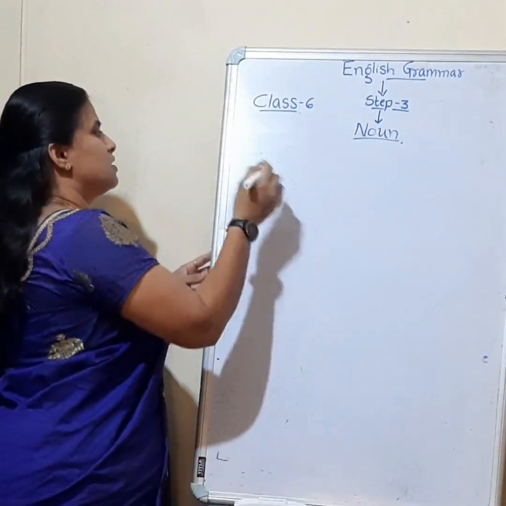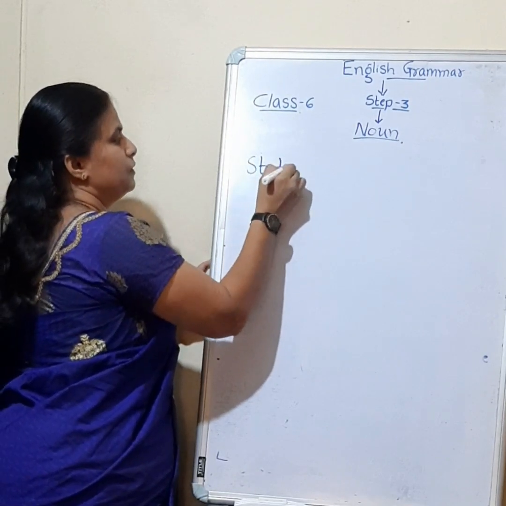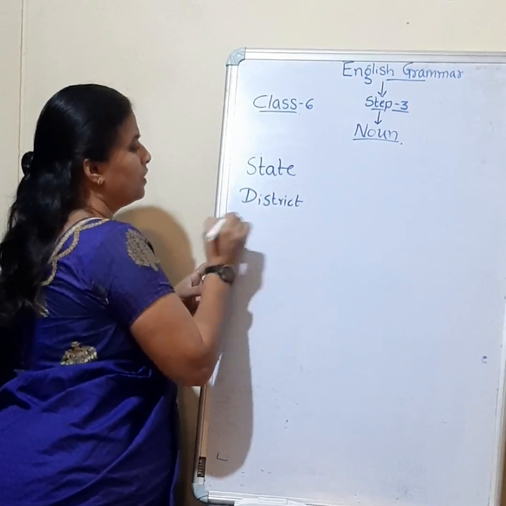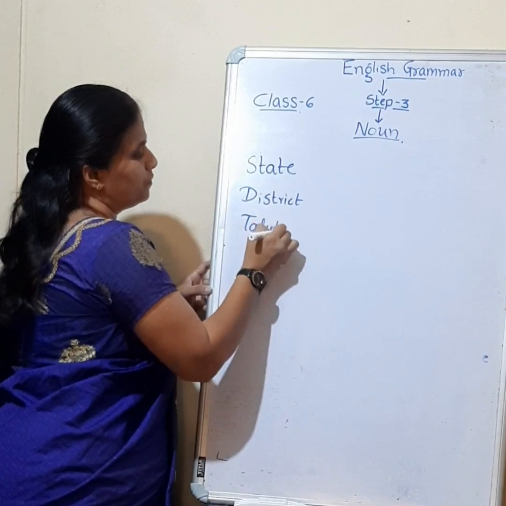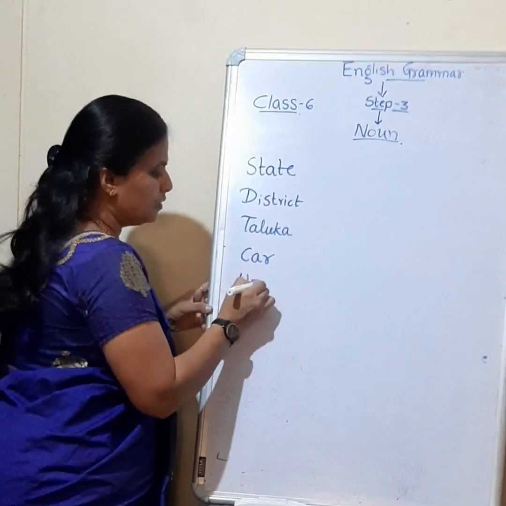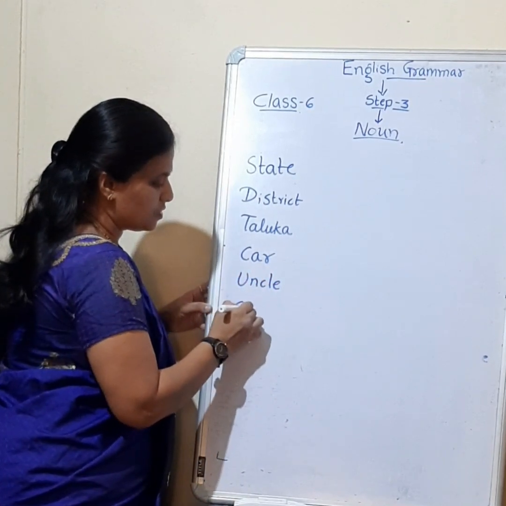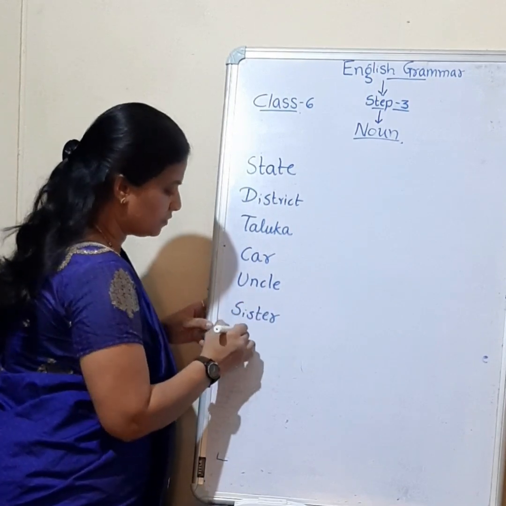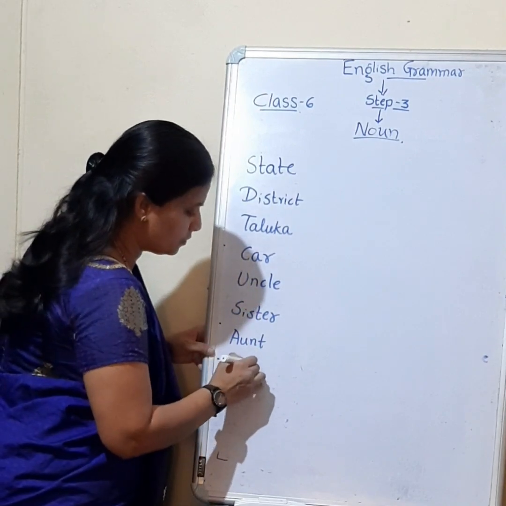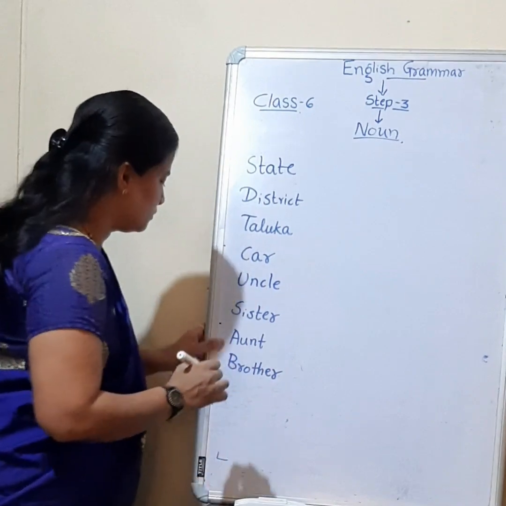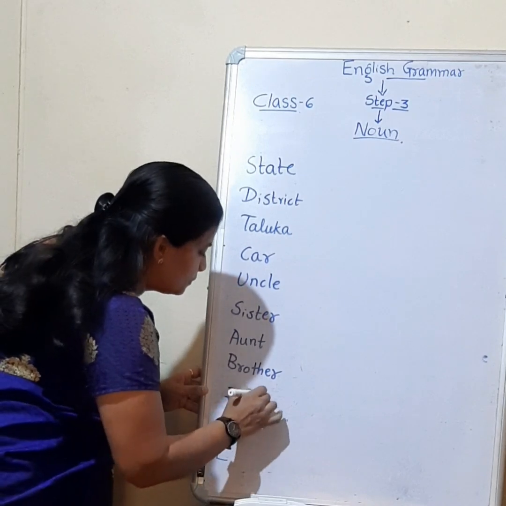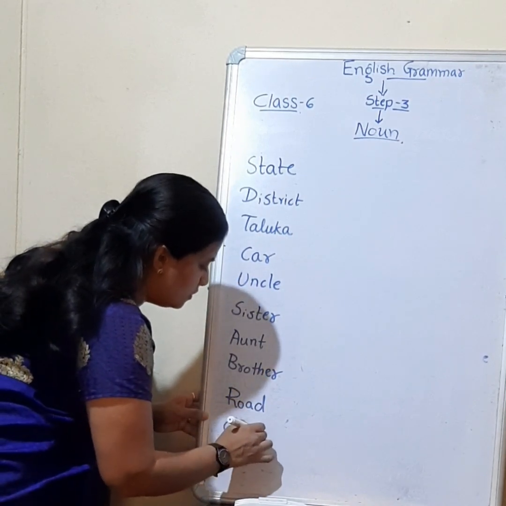Okay. So the first thing, as I said, you can go for district, taluka, car, okay, then uncle, sister, aunt, brother, then you can take road, circle.